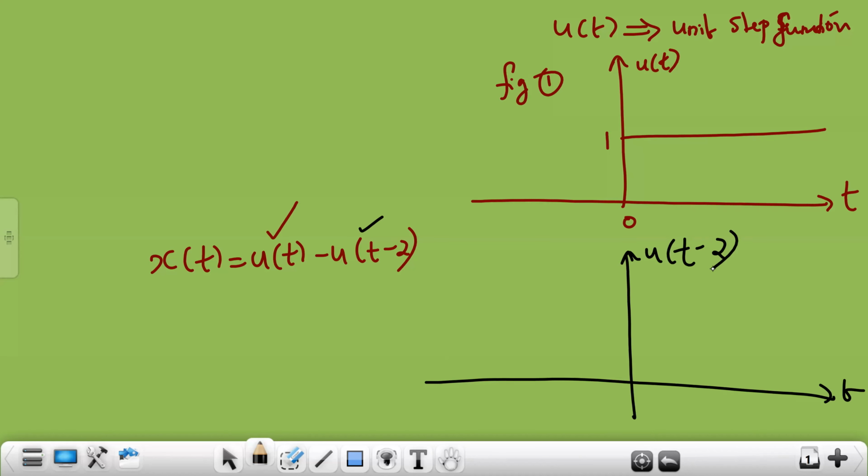Since this step originates from 0, when we shift it towards the right, we take the entire step to 2. So this will start at 2. Let it be figure number 2.